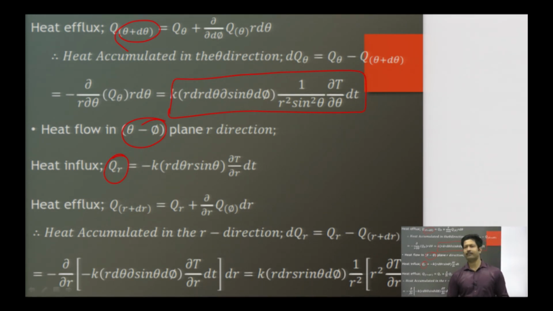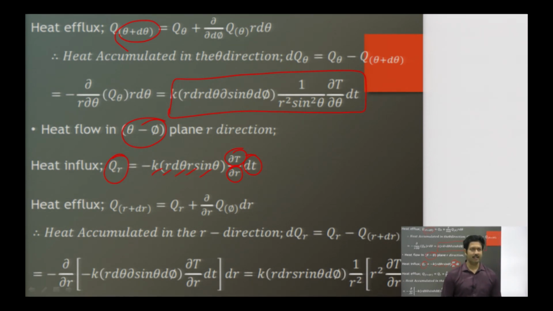So qr will be minus k r d theta r sine theta del T by del r dt. Again we need to calculate the heat efflux. So heat efflux will be qr plus dr, which is equal to qr plus del by del r of q theta dr.